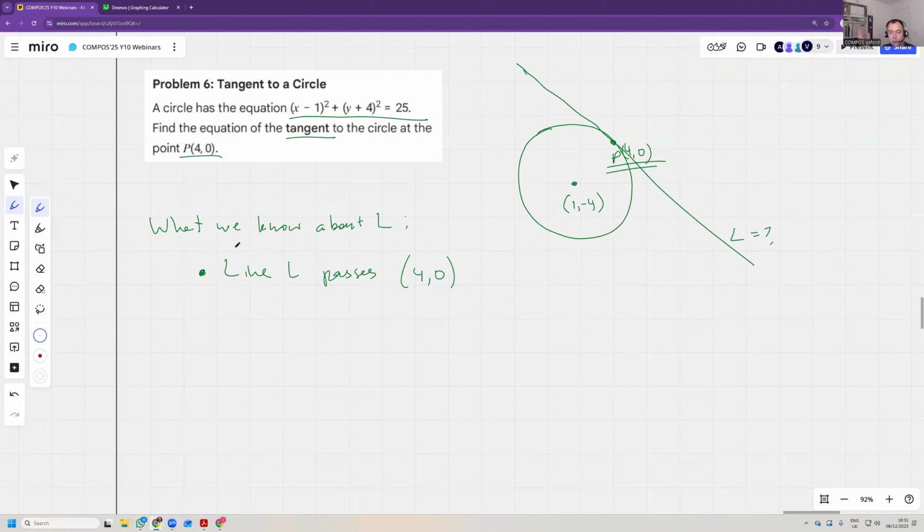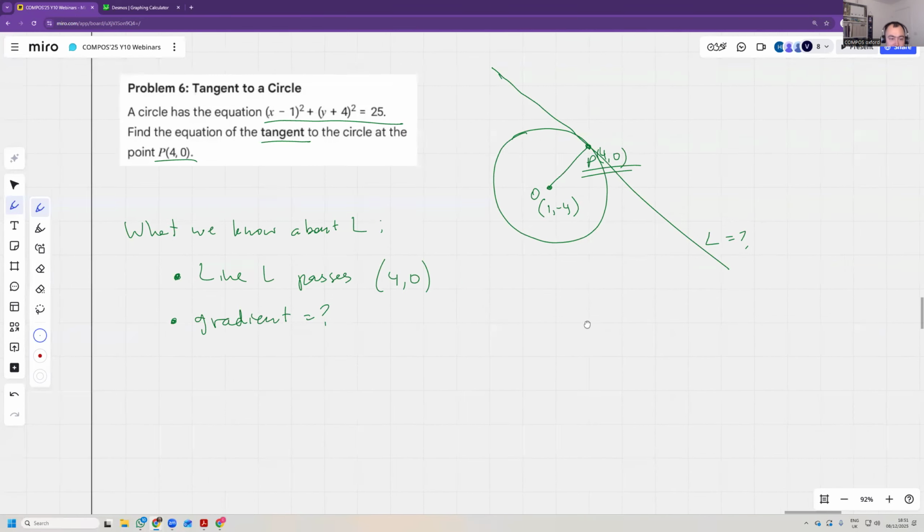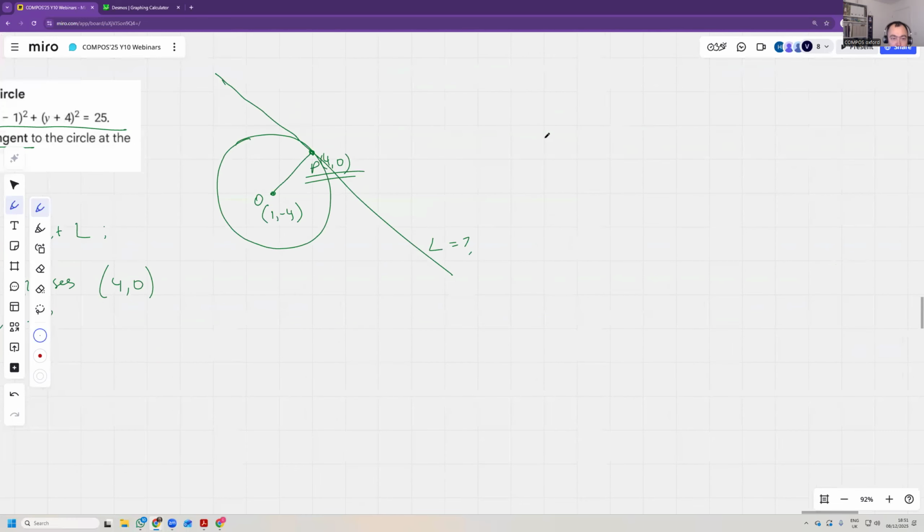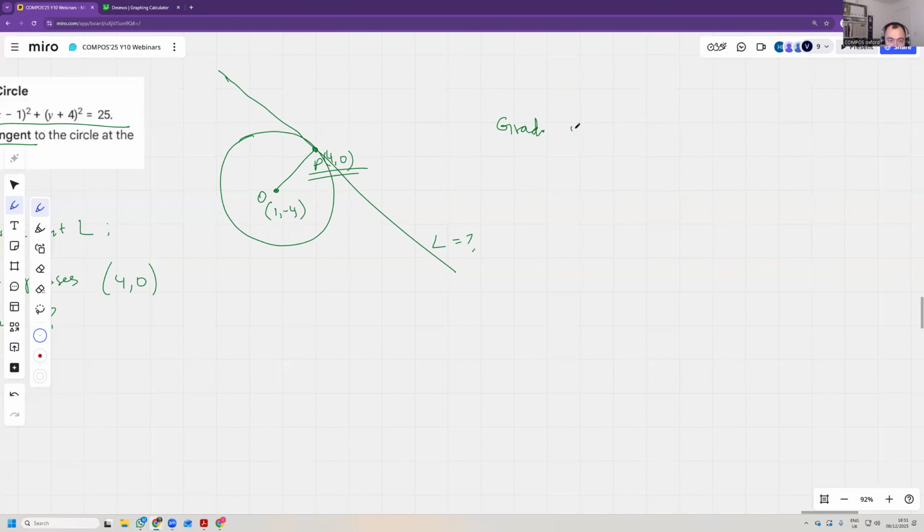So you either need 2 different points or you need a point and a gradient. To find the gradient, we're going to find the gradient of line OP. So the gradient we don't know. We start by step 1, find the gradient of OP.